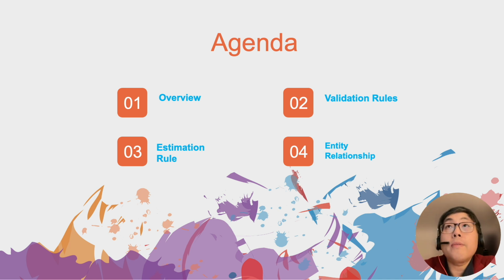We have an overview on what VEE rules can do, and as I said, it can be broken down into validation rules and estimation rules. We talk through that, and at last we have a look at the entity relationship diagram. As always, we do.